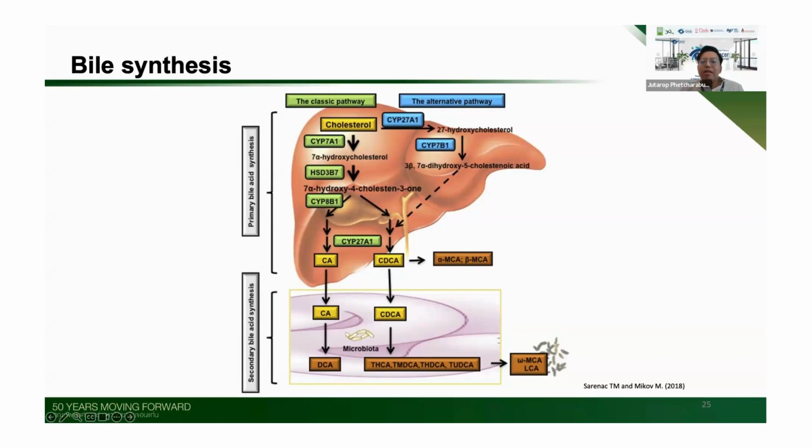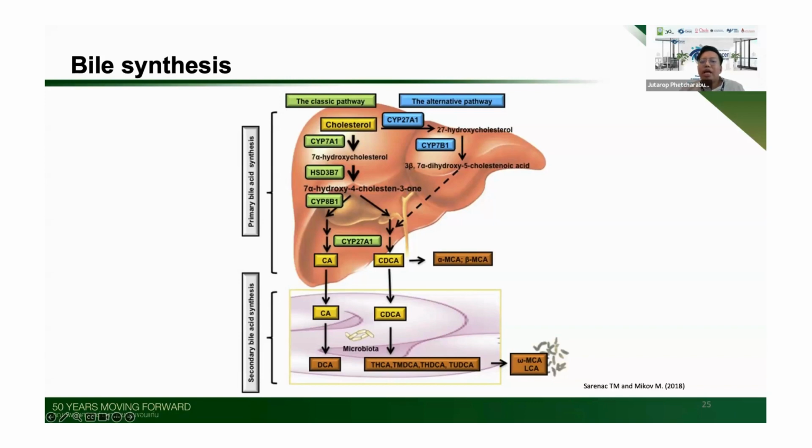As I mentioned, there are two major pathways for bile acid biosynthesis, right? In the classic pathway, cholesterol is converted to 7-alpha-hydroxycholesterol by the rate-limiting enzyme CYP7A1, which is located in the endoplasmic reticulum of the liver cells.